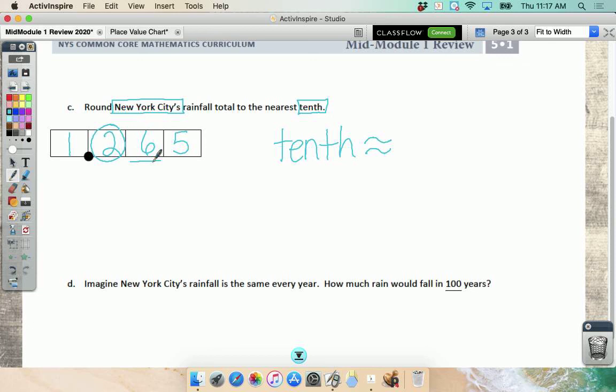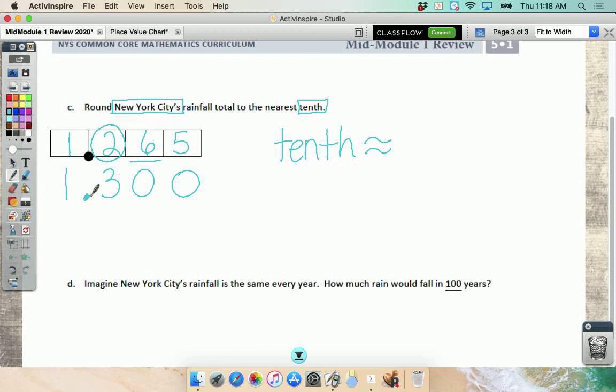The 6 is telling me to do what to the 2? Add 1. So that becomes 3. Now digits to the right change to 0. All the other digits stay the same.